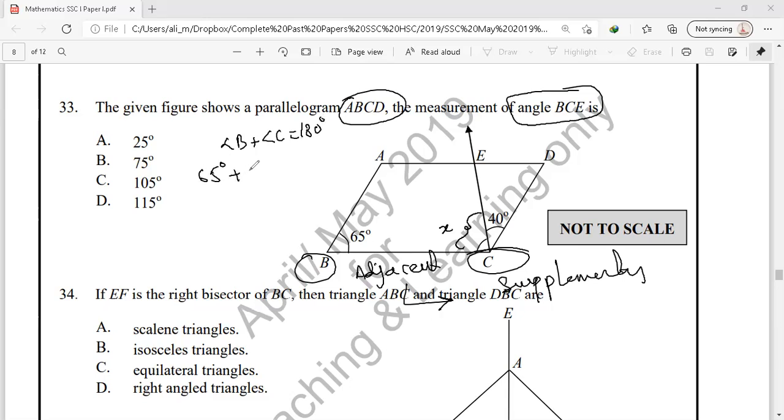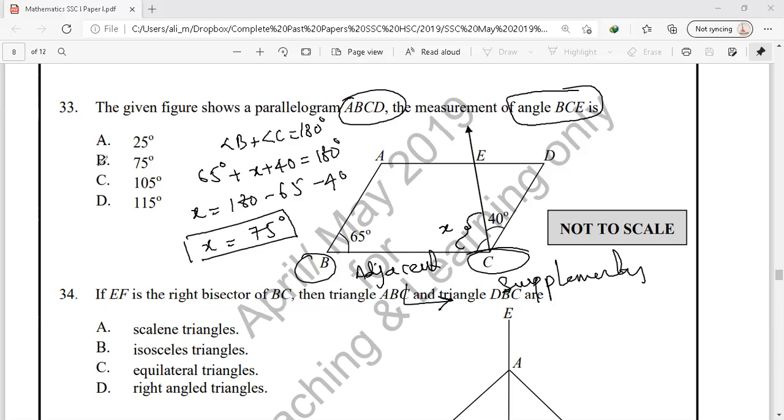Angle C is x plus 40, that is equal to 180. So for the value of x, 180 minus 65 minus 40. So we will get the correct answer, that is equal to 75. So the correct option for this question number 33 is option B, 75 degrees.